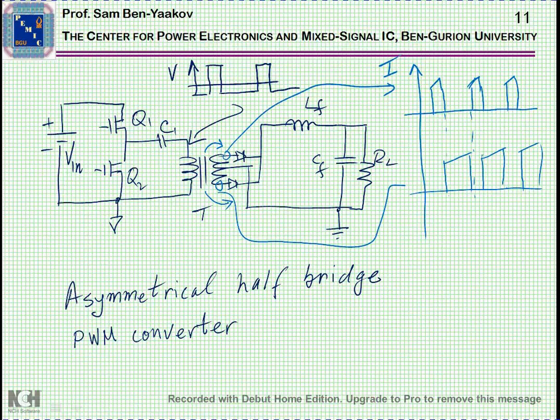I show here, for example, a DC to DC converter, which is called an asymmetrical half-bridge PWM converter. The principle is similar to the regular PWM, but there is some asymmetry. That is, the transistors are not operating in a symmetrical way. One is turned on for a shorter time, the other one is turned on a longer time.